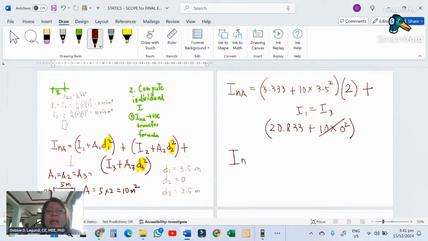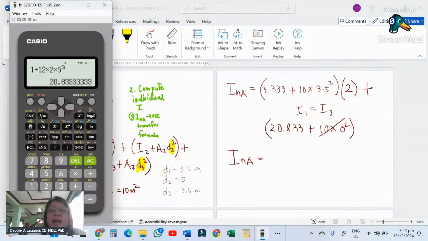So the INA, moment of inertia, this is how resistant your shape is against rotation. The value would be, let's calculate. So that is 3.3333. I'll put 4 decimals because that's anyway a repeated value, plus 10, I'll put a bracket, times 3.5 squared, and then close.